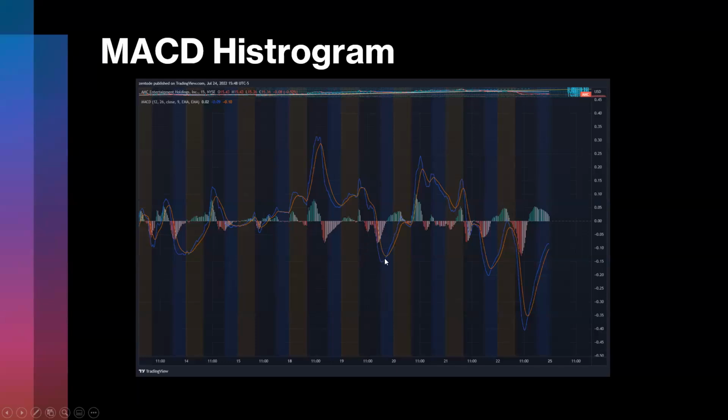Then while we're in the bearish, you can see we flip, because we have the crossover of the MACD and you get the green histogram. But still keep in mind we're below the zero line, so it's still bearish momentum. The histogram is showing the crossover and the distance between the two lines.